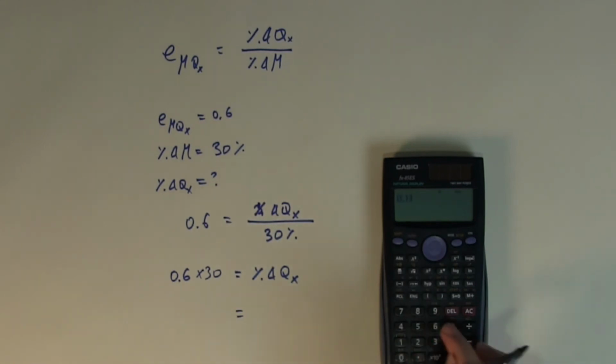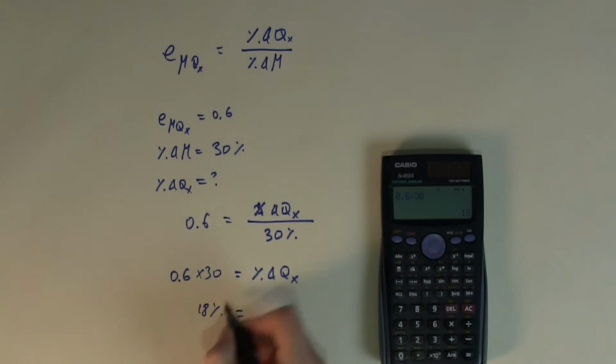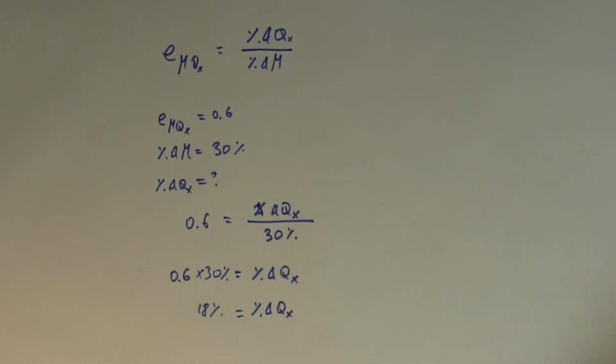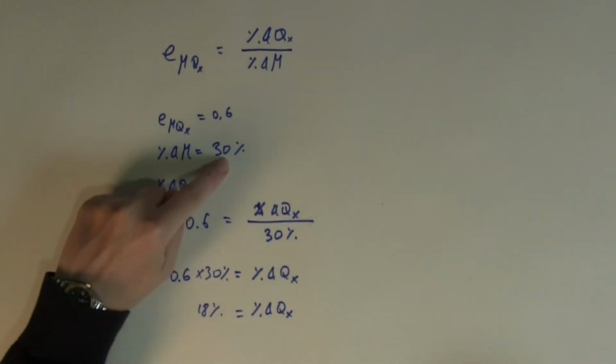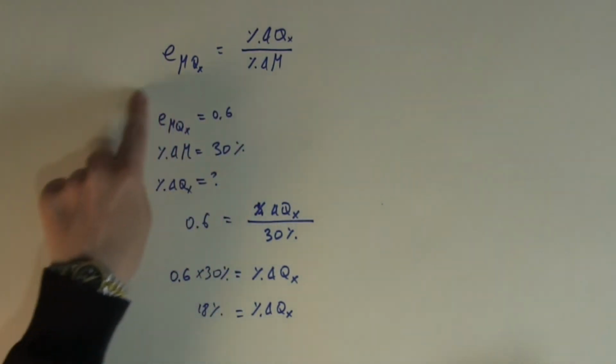That gives me 18%. So a 30% increase in income will lead to an 18% increase in demand, given that the champagne's income elasticity is 0.6.